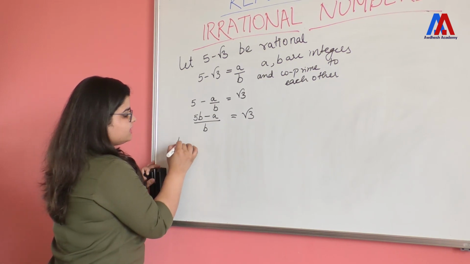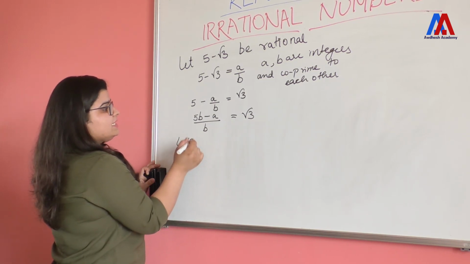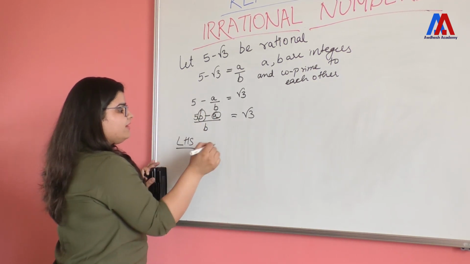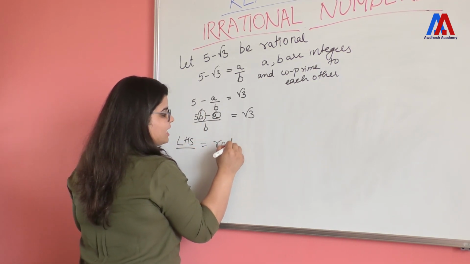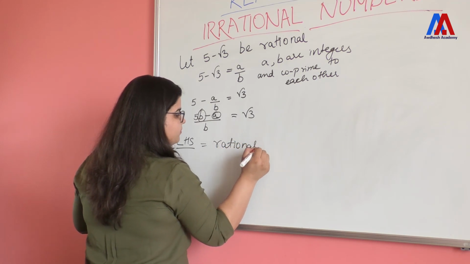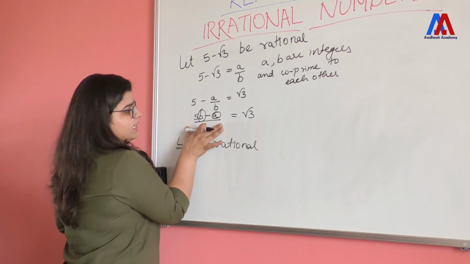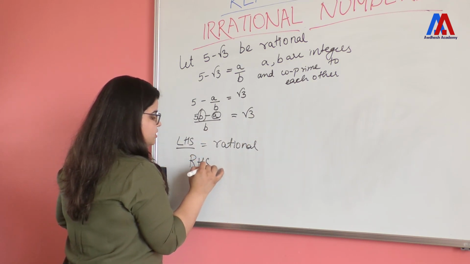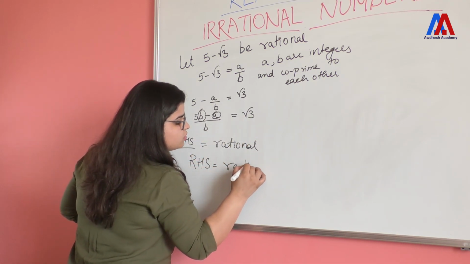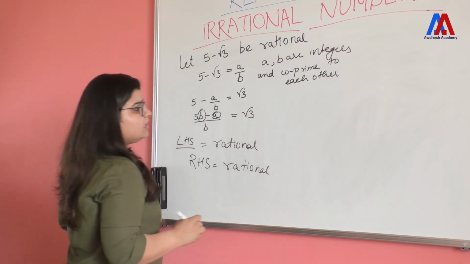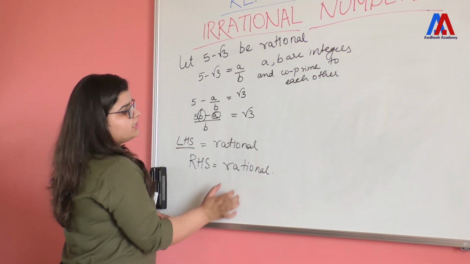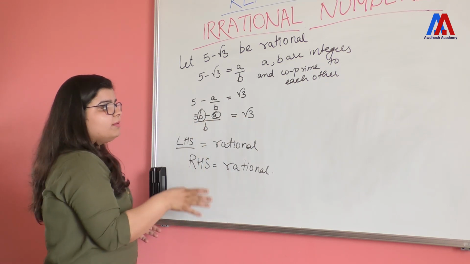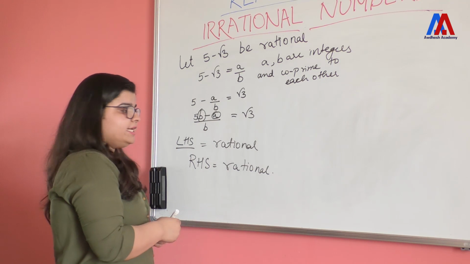Now in the left hand side we see that since a is an integer, b is an integer, this left hand side is rational. Since left hand side is equal to the right hand side, thus we will get the RHS as also rational. Now we know that root 3 is irrational. We don't have to prove this again, but we can use the result directly.